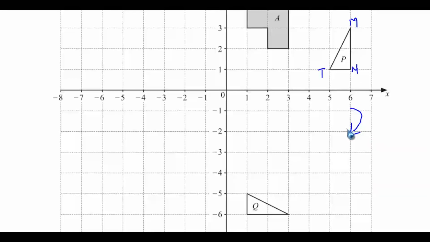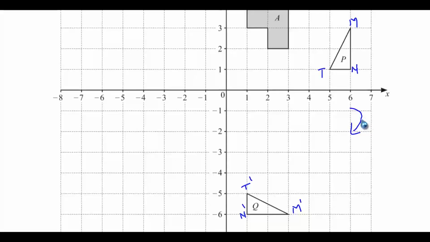If you look at it very well, that means point T will be here. This will be point T, and point M will be here, and N will shift to this side, that is T prime, M prime, and N prime. Okay, so from here we can say it is rotation, and the direction is clockwise.